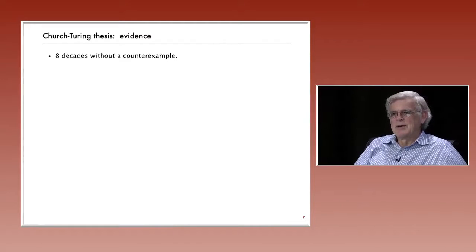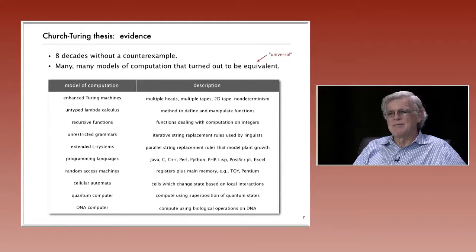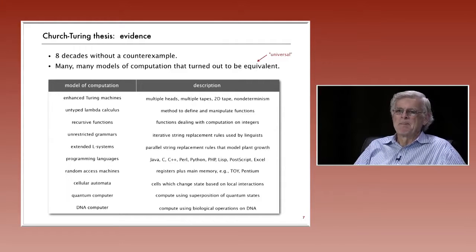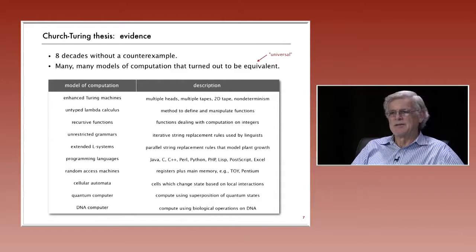That is, it's been eight decades, and nobody's found a machine that can compute more than we've been computing with the machines that we have. And the other thing that was really convincing to the mathematicians in the mid-20th century is that people tried all different types of models of computation. Church was working on something called the untyped lambda calculus, which actually is the basis for modern programming languages.